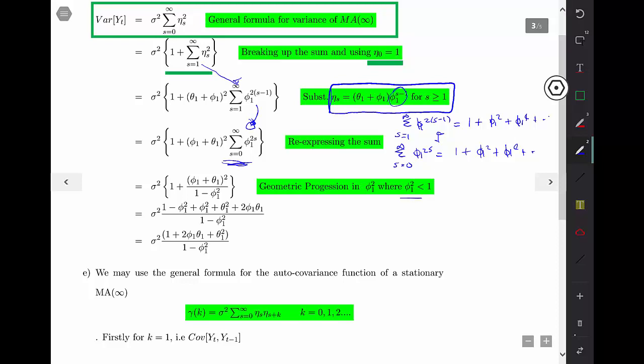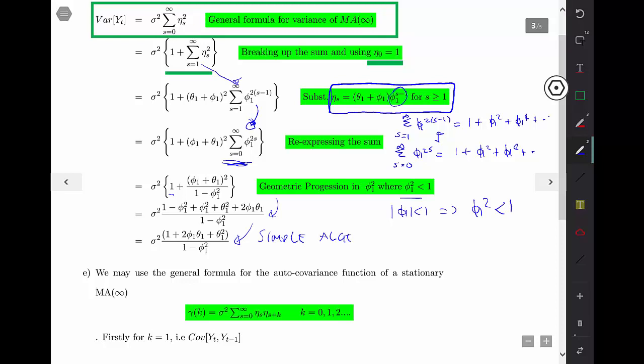And because we've assumed phi 1 is less than 1, it implies phi 1 squared is also less than 1. Okay, then we're done. The next part then just multiplies and divides by 1 minus phi 1 squared, and re-expresses the numerator and denominator in this equivalent form. So the left part then is just simple algebra.